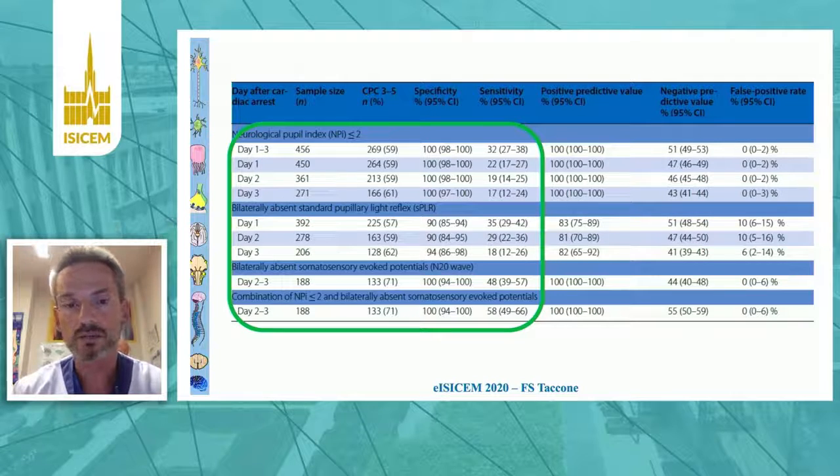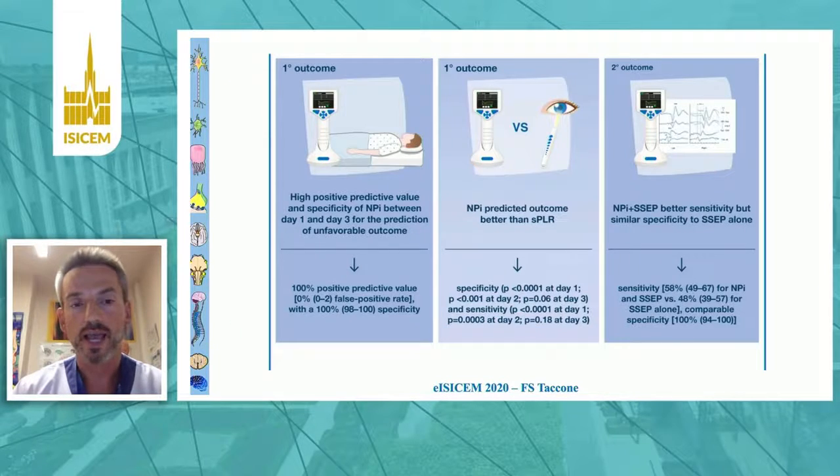The main result of this study is that NPI, which is an index of pupillary function, is already a strong predictor of poor outcome at day 1 after cardiac arrest. This index is more accurate than just the constriction to light, the pupillary light reflex, in terms of accuracy to predict outcome in this patient population.